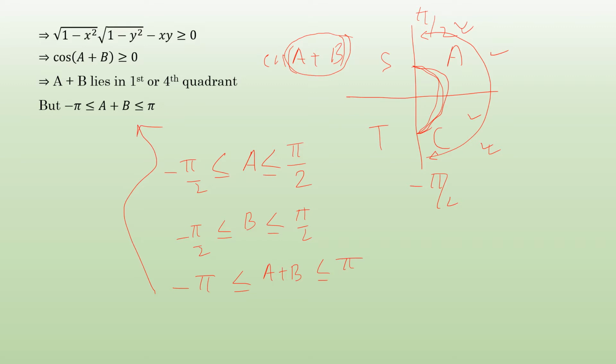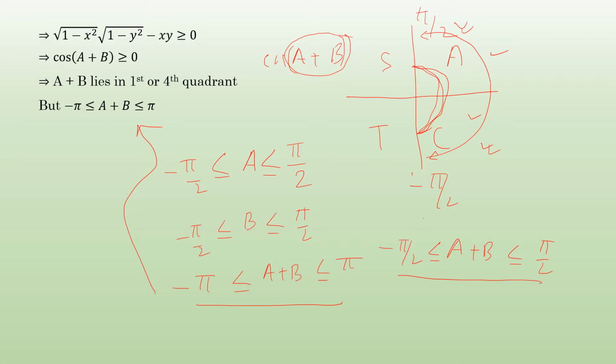Okay, but actually from this condition, that means a plus b is in the first and fourth quadrant. From that condition we conclude that a plus b is actually in which quadrant? It is actually between minus pi by 2 and pi by 2. Now I am taking the intersection of these two, this and this.